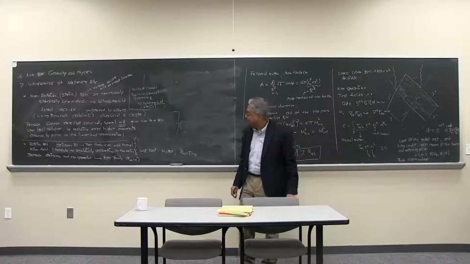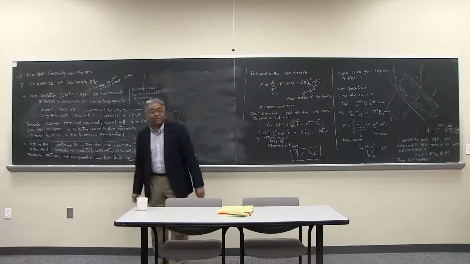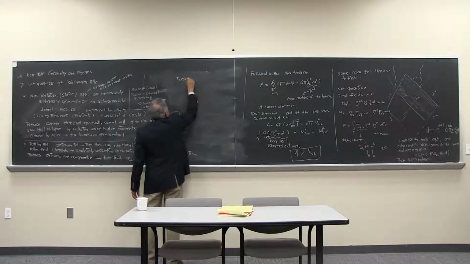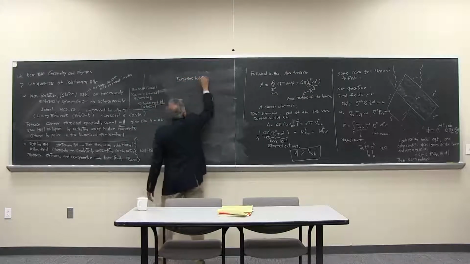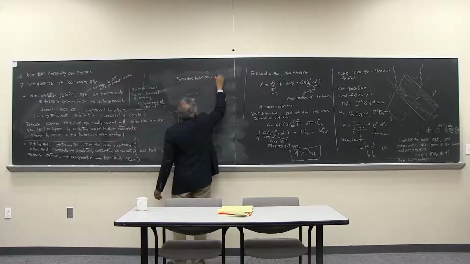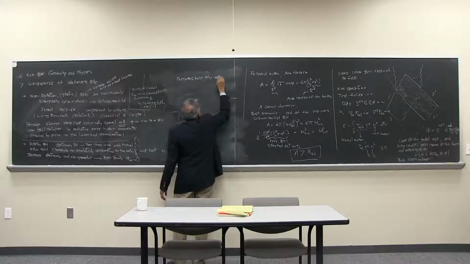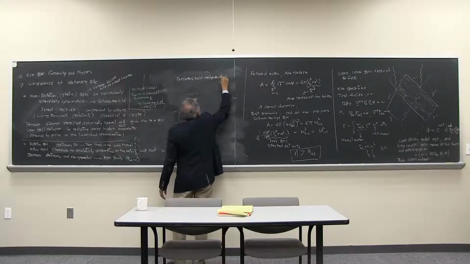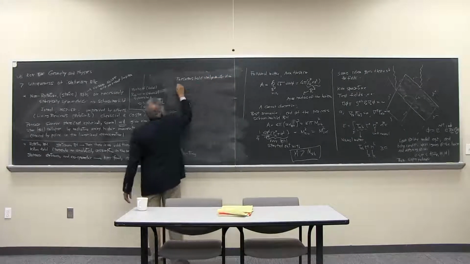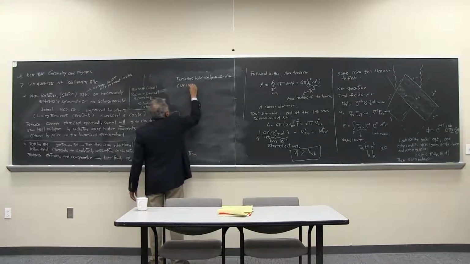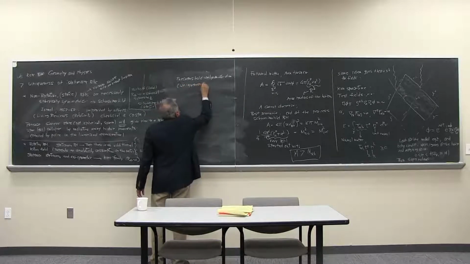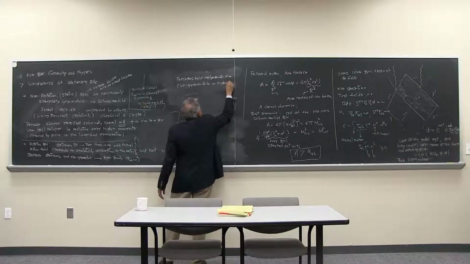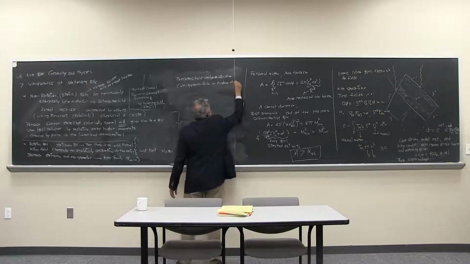But in addition to that, something funny is that these theorems hold only in 4 dimensions. That is to say, uniqueness does not hold in higher dimensions. There are other kinds of black holes in higher dimensions.